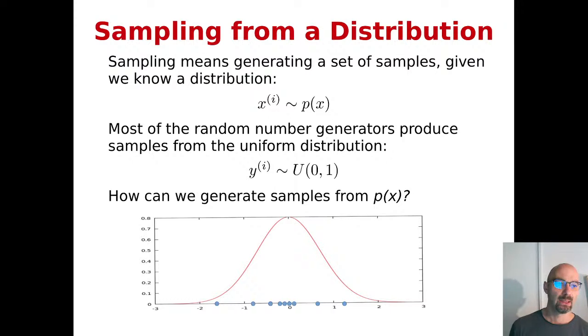And the question is, assuming that I am giving you the parameters of this Gaussian, how do you implement a program that is able to generate samples that obey the distribution?